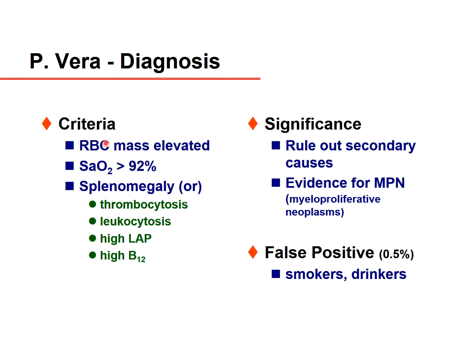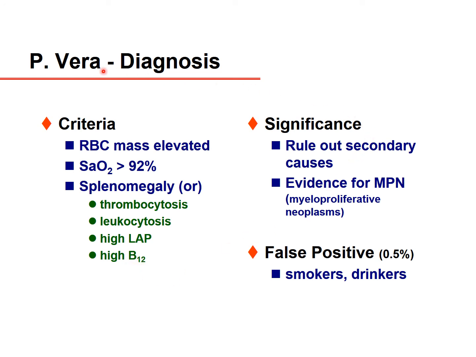How do we diagnose? The diagnosis is basically based on the number of red blood cells. If the red blood cell mass is elevated, or as I mentioned before, if the hematocrit is over 65%, and the arterial oxygen saturation is over 92%, splenomegaly, but the patient could have thrombocytosis, leukocytosis, or high leukocyte alkaline phosphatase, or high vitamin B12 level, for example.